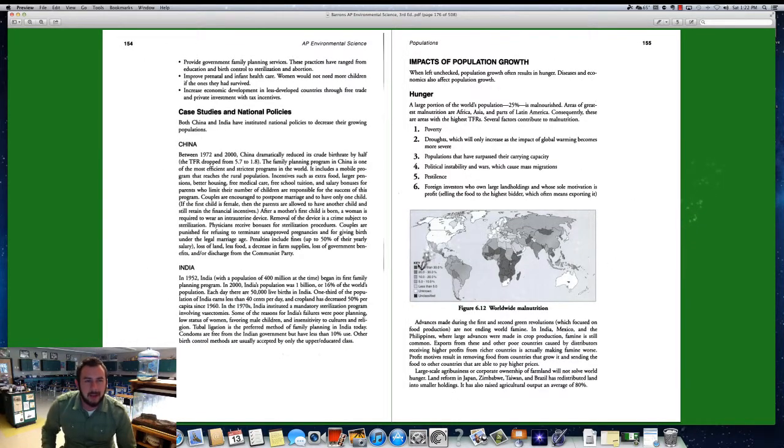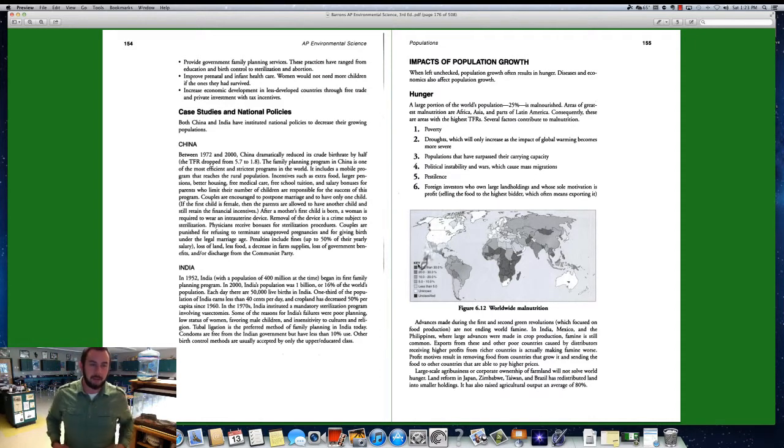All right, I'm not going to go over these too much because we went over this a lot already in class, but China versus India, taking a look at their case studies on national policies implemented by their nations, and which one worked better at lowering their population size. We talked about this in class as a quick summary.